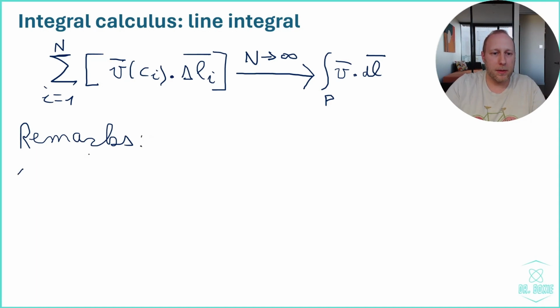The first remark is that the path can be followed from A to B or from B to A, and we get the same value up to a minus sign.